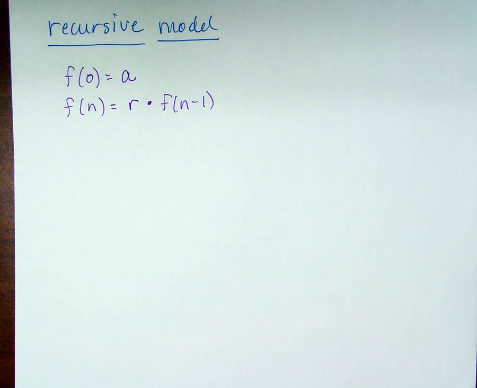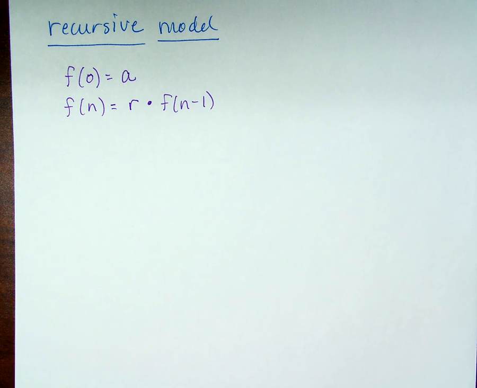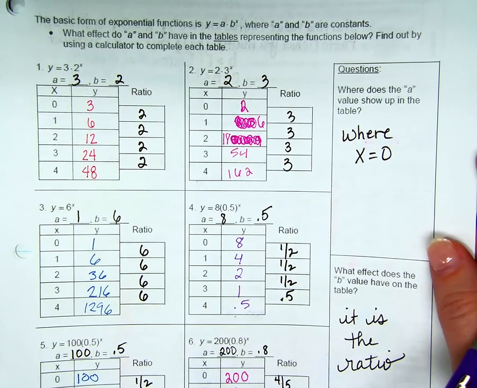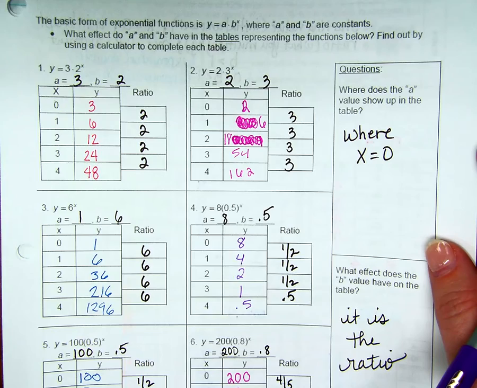Now, here's something else from that same worksheet. What do you think the r is here? The rate, what else could it stand for? Ratio, right? Stands for ratio. So, was there something that was true on this page that we knew about the ratio? It was always b, right?